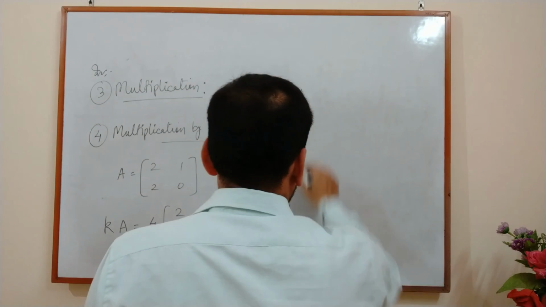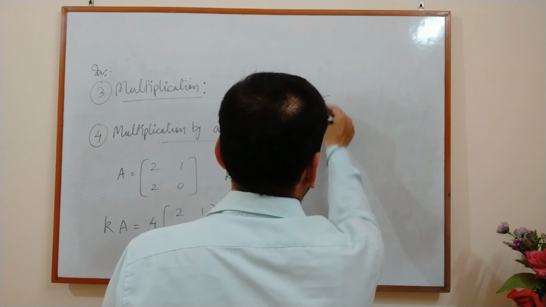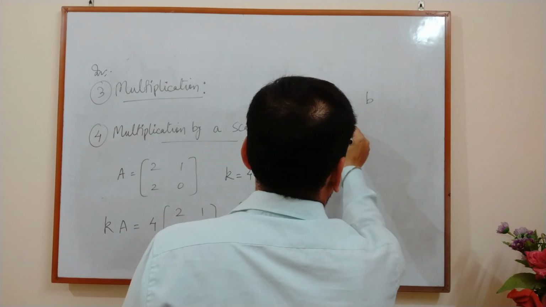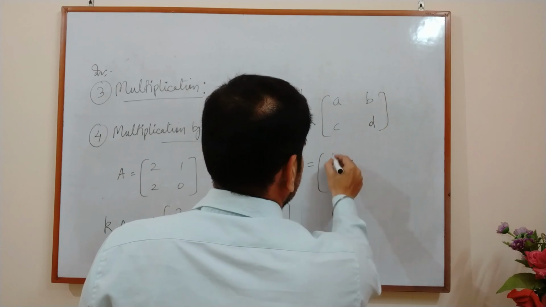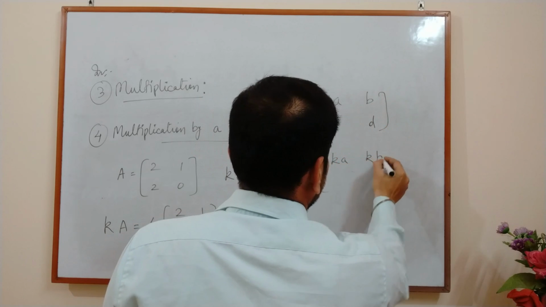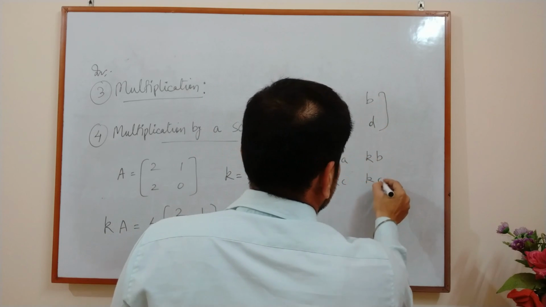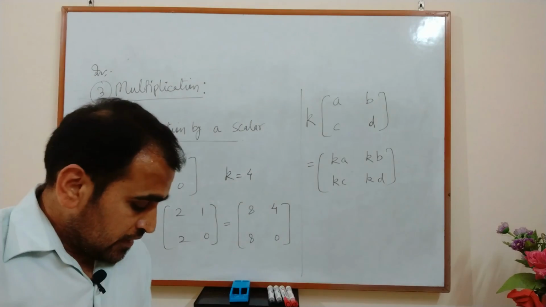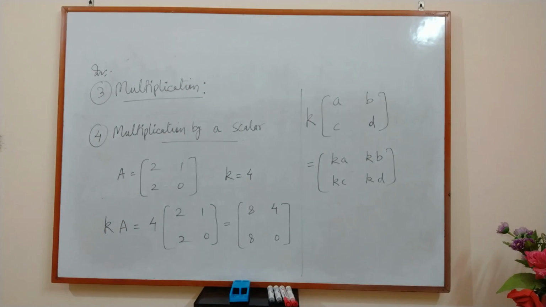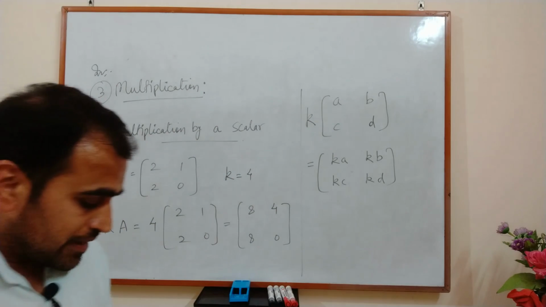Okay, so if you are multiplying a scalar number with a matrix having suppose these 4 elements, so the resultant matrix will be Ka, Kb, Kc and Kd. So this will be the resultant matrix. Okay, so this is about the operations on the matrices.